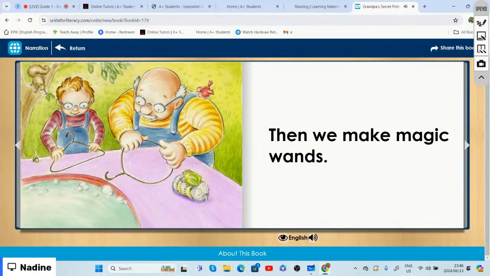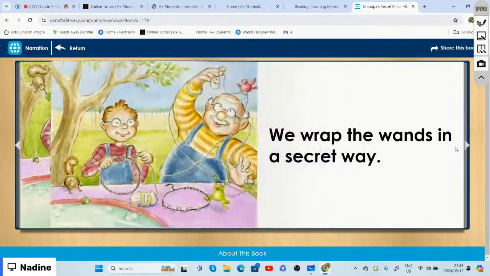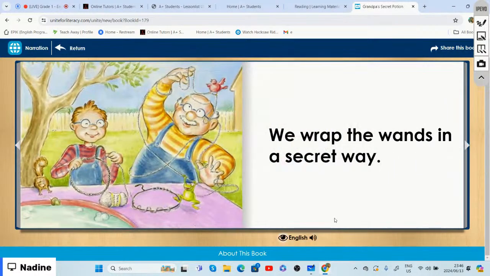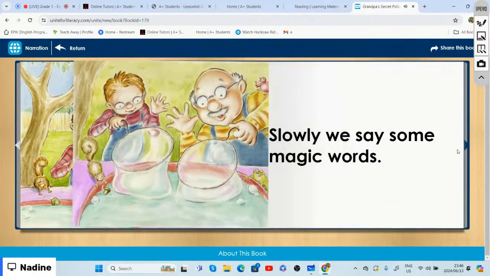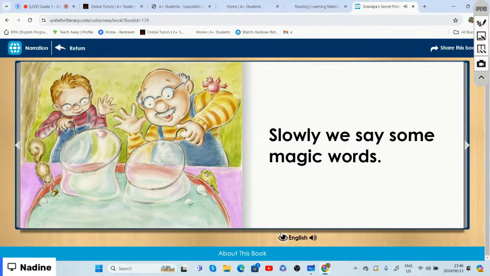Then we make magic wands. We wrap the wands in a secret way. Slowly, we say some magic words.